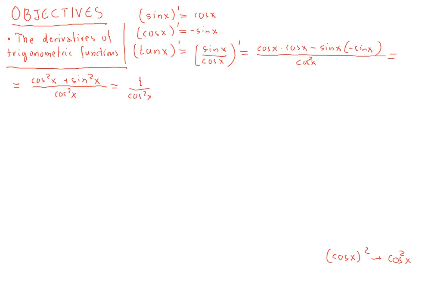It's fine if we leave it like that, but remember that this would be the same as 1 over cosine of x all squared. And 1 over cosine is what we have called secant. So this is secant square of x.